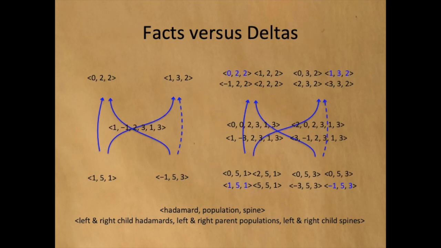We need deltas because facts do not always combine with all other facts. For example, on the right-hand side, the triples 0, 2, 2, 1, 3, 2, 1, 5, 1, and -1, 5, 3 are parts of various other solution deltas, but those two child values do not create those two parent values in this situation.